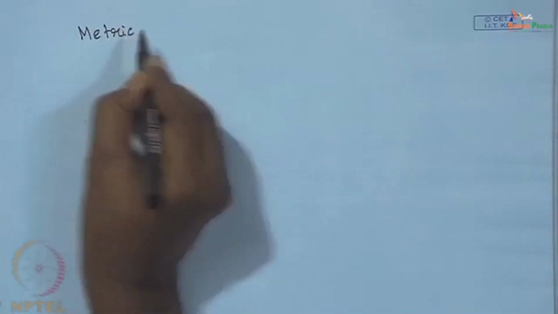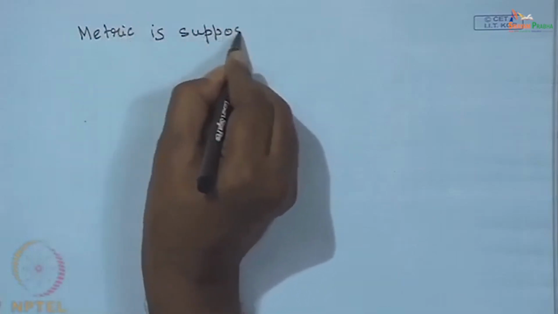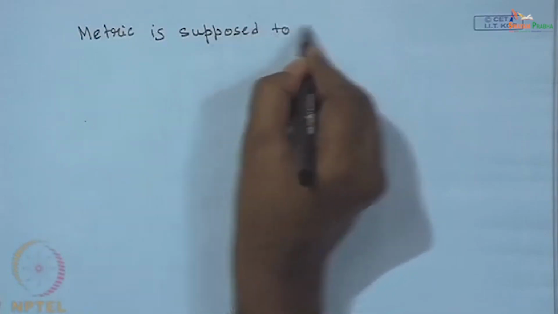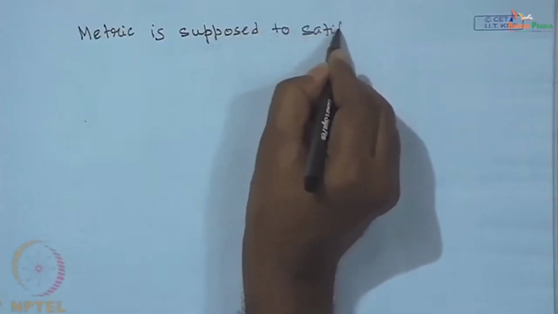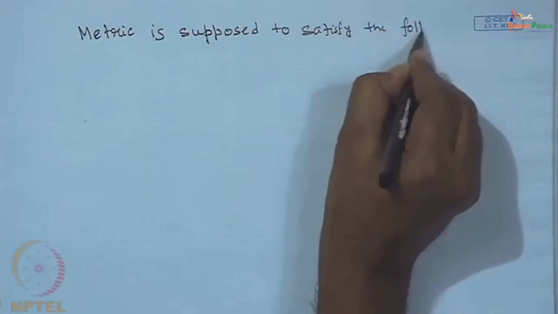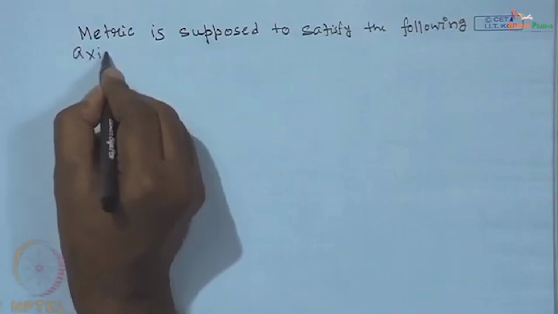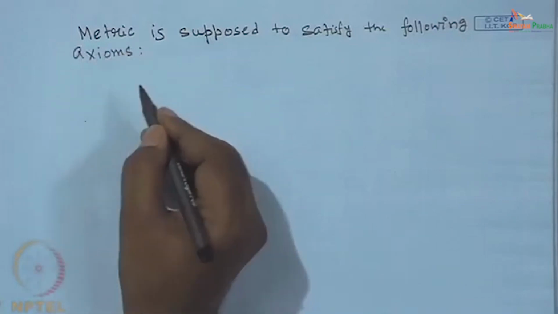Now, let us look into some of the properties of the metric. So, the metric is supposed to satisfy the following axioms or set rules.